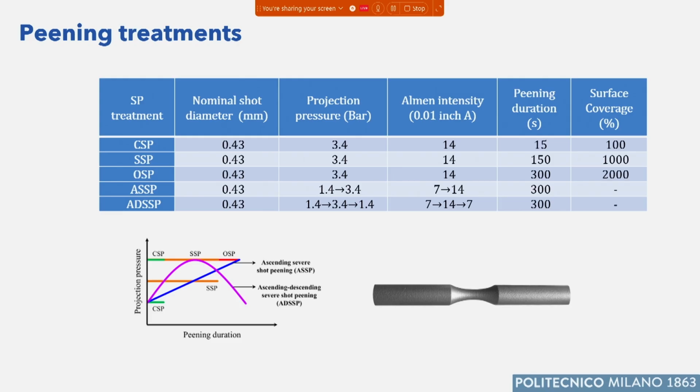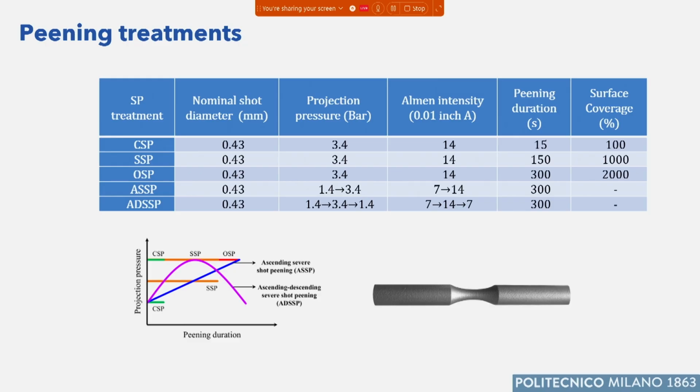If we consider ASSP, ascending shot peening, the blue line here, the pressure is changed from 1.4 to 3.5. The Almen intensity goes from 7 to 14, and the duration is 300 seconds. Okay? Due to the fact that the pressure is varying, it's not possible to really define a coverage.